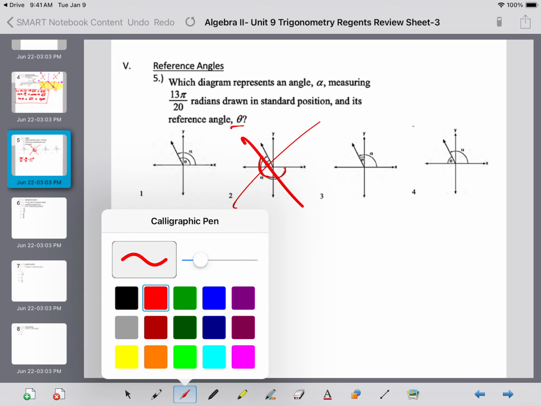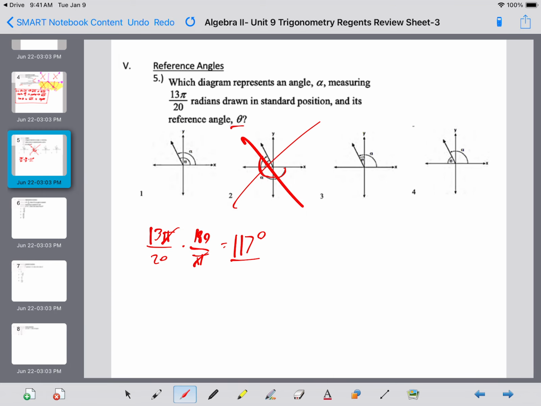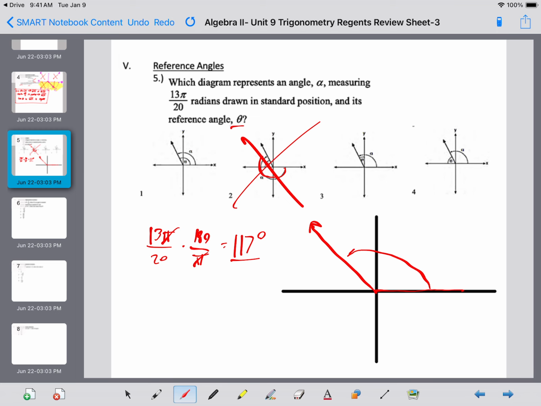A reference angle is the angle, we could draw it. A reference angle is the positive acute angle that is in between your terminal ray and your x-axis. So we just said that this is alpha. That's what we have so far.